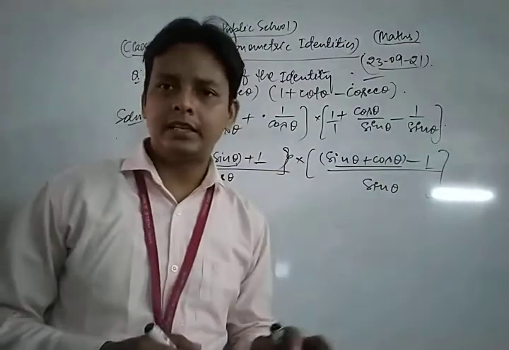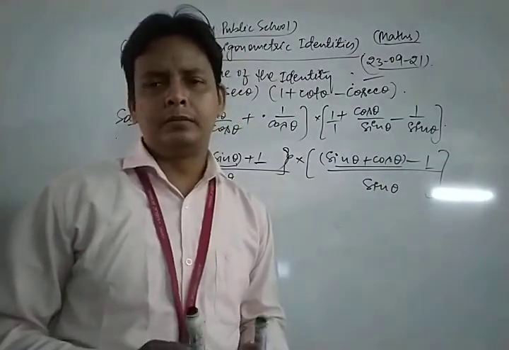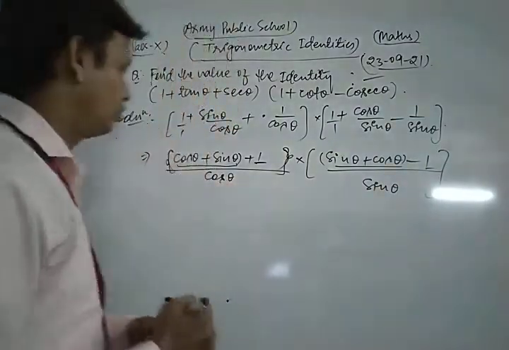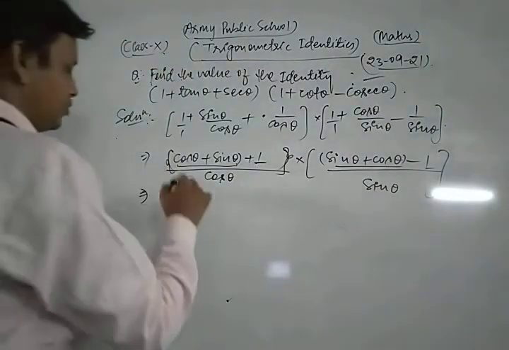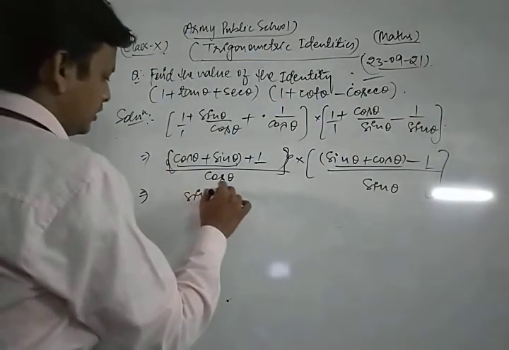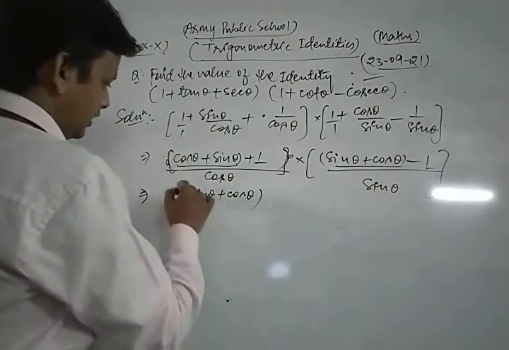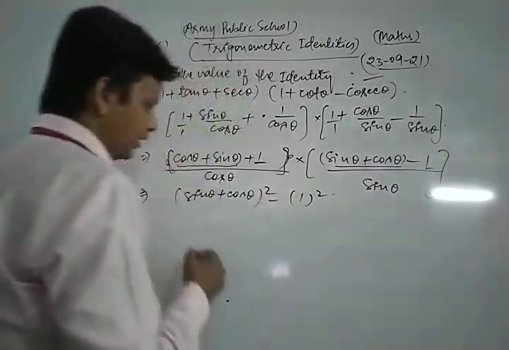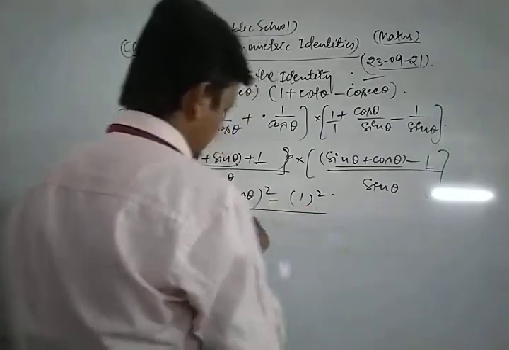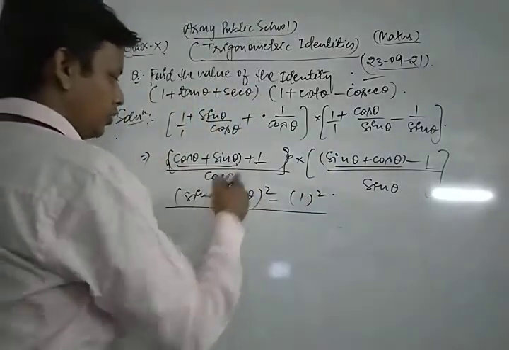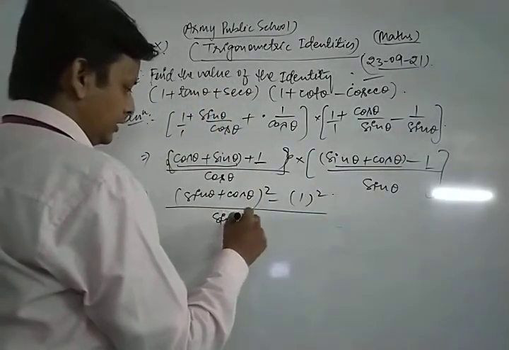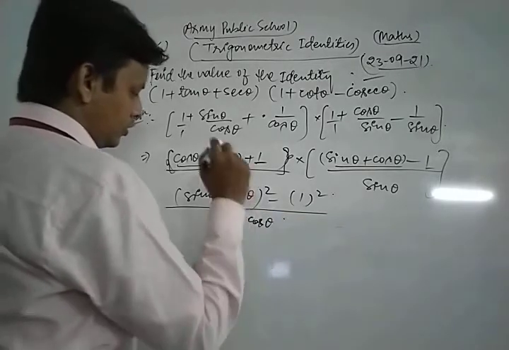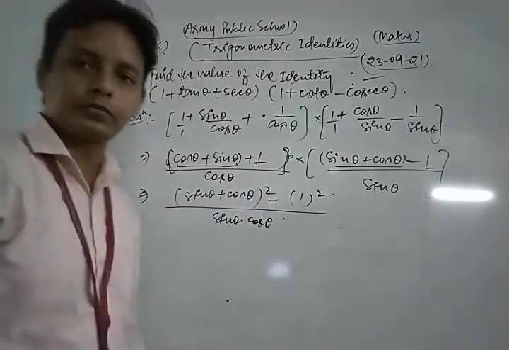So here we apply the identity a square minus b square. We can write a square as (sin theta plus cos theta) square minus 1 square. In the denominator, we write sin theta into cos theta as it is.